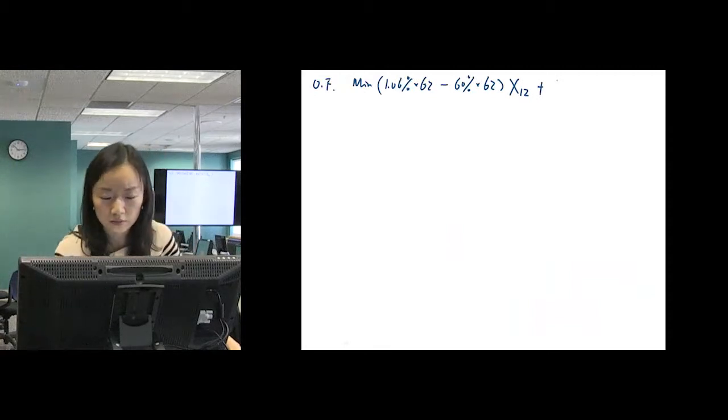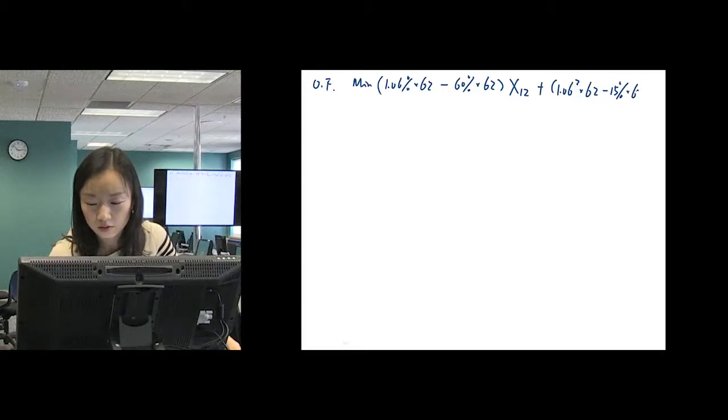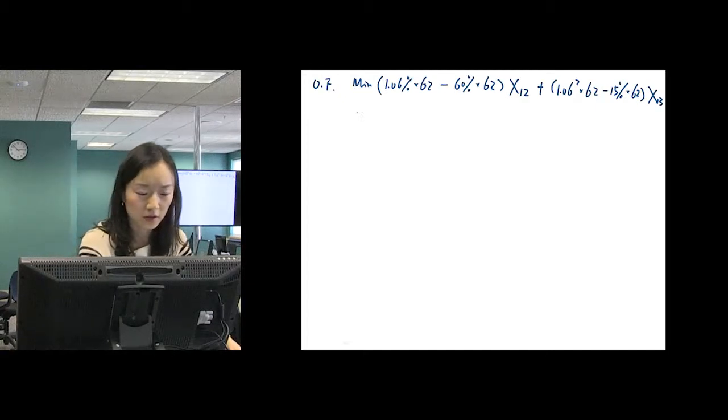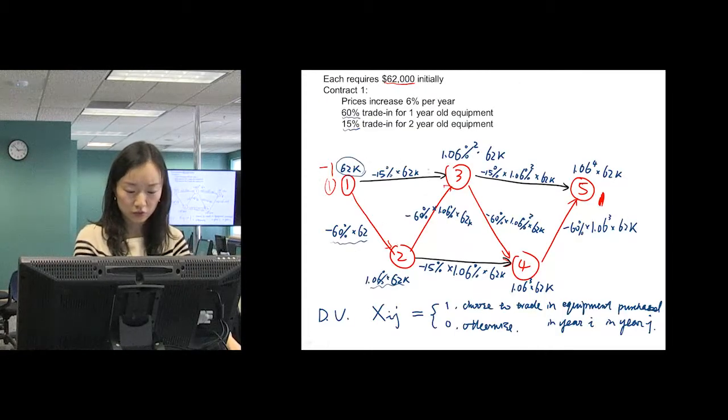So plus 1.06 squared times 62. Subtract, this is a 2-year trading plan, so we only get 15% times your x13. Then go back. x12, x13, done.